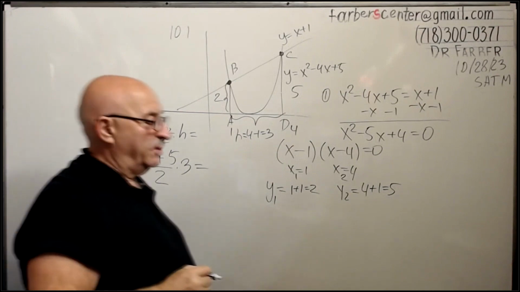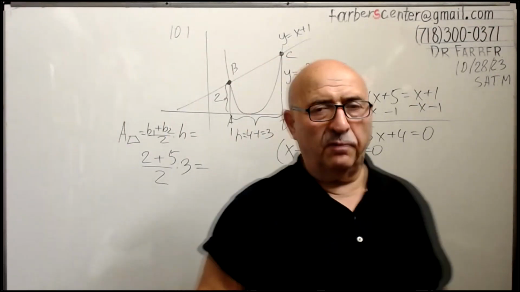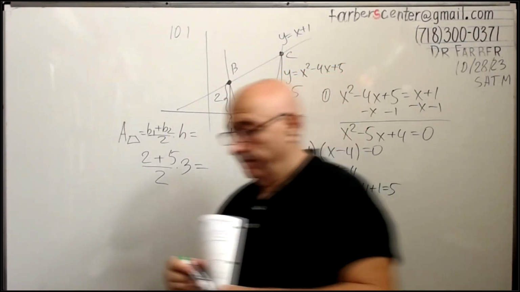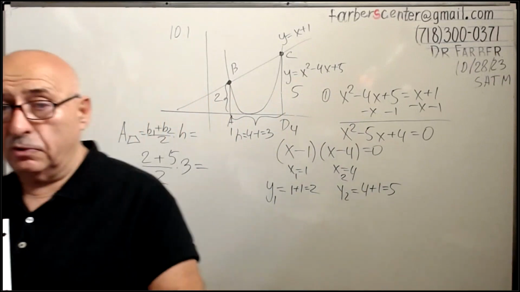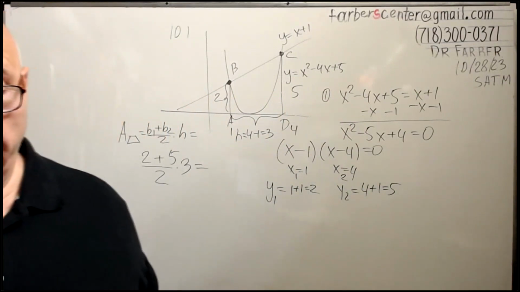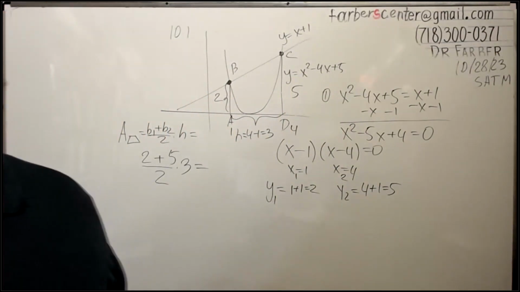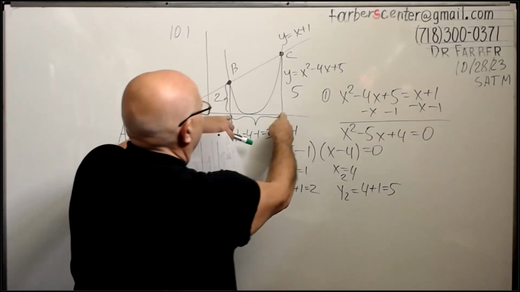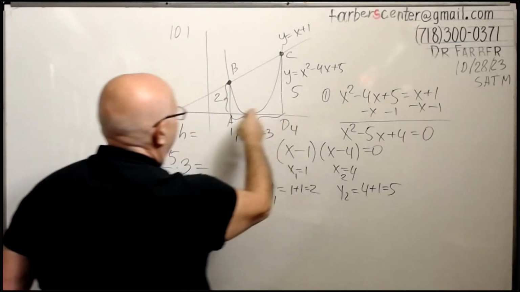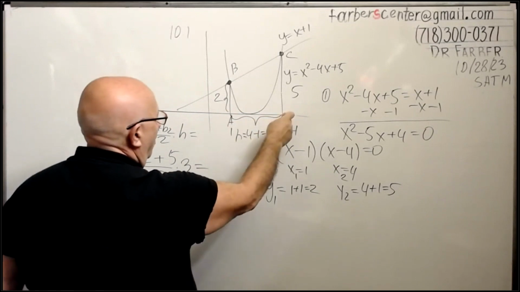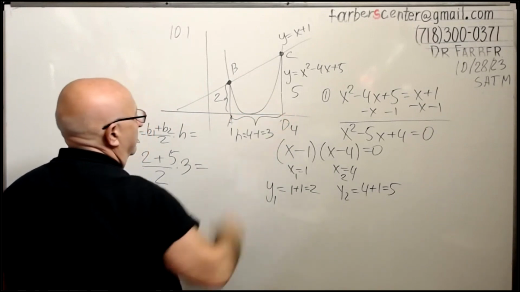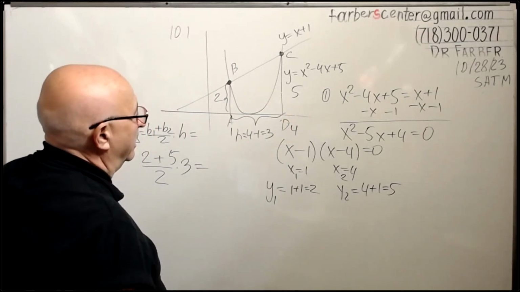So in this question you have to solve the equation and find the point of intersection. Student: How did you get the height? Height, this one. If this is 4, this is 1, 4 minus 1 is 3. It's the length of the segment.